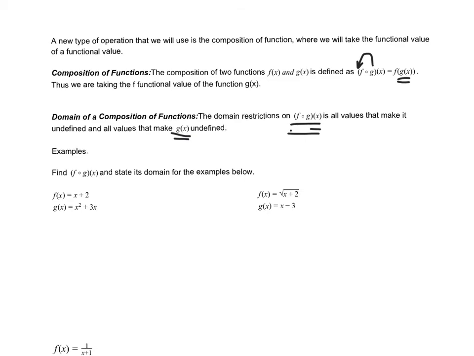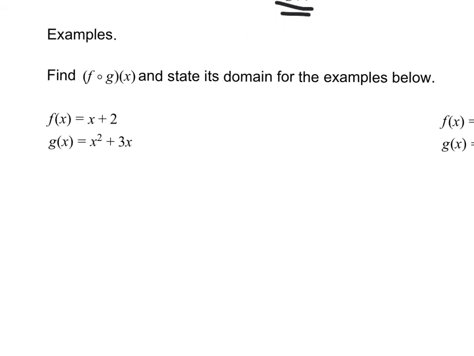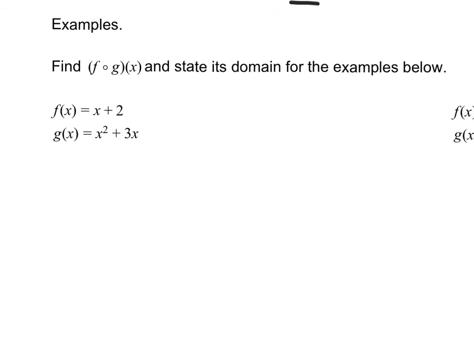So let's look at a couple examples of finding f of g of x and stating its domain for a couple problems. So this first one, we have f of x equals x plus 2 and g of x equals x squared plus 3x. So we're going to find f of g of x.